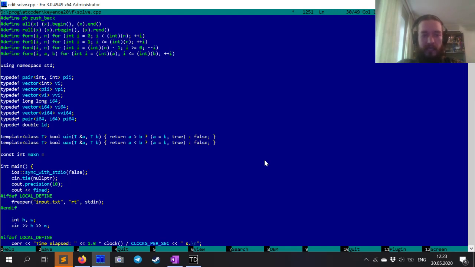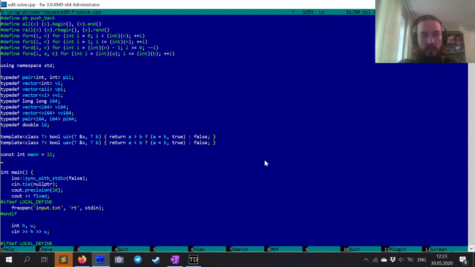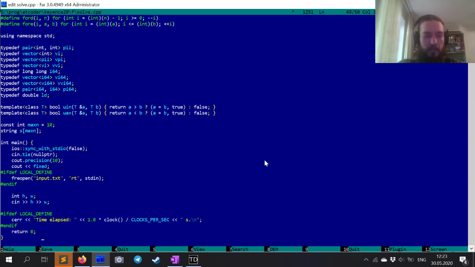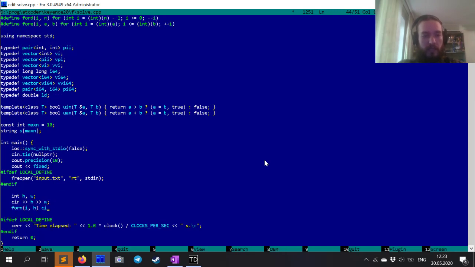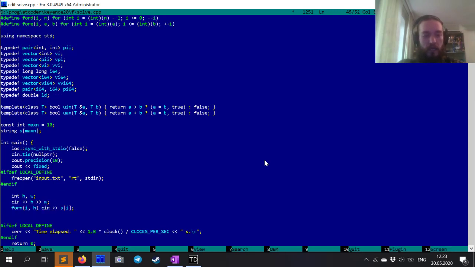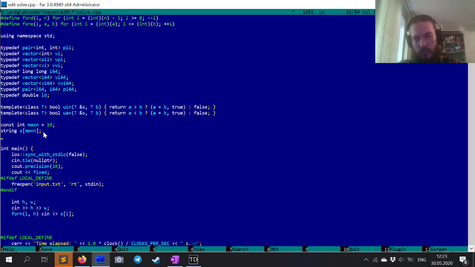So max n is just the largest dimension. Let's say that it's 10. Okay, so the initial condition is given by these strings. Let's not care about them for a moment.